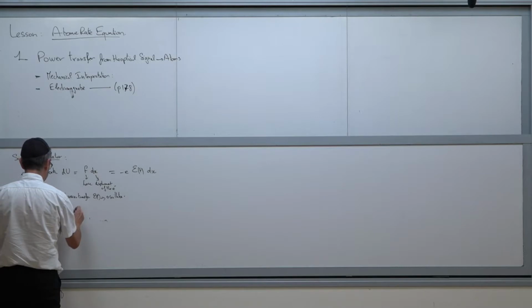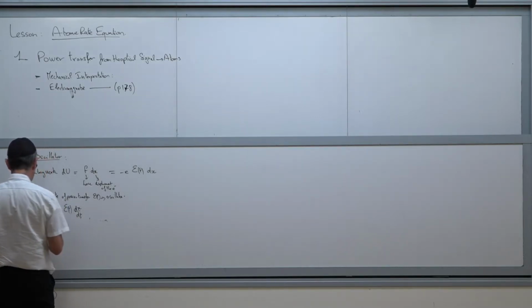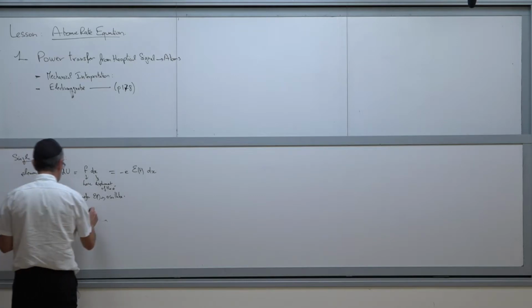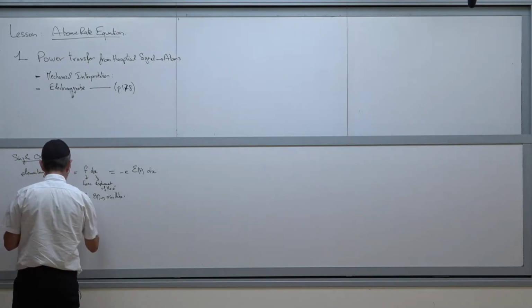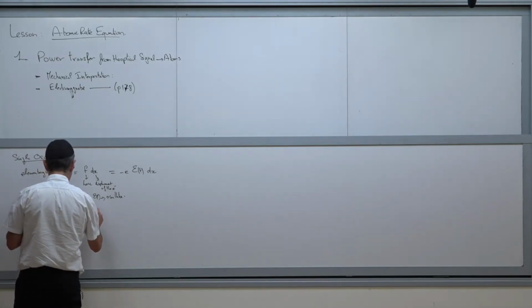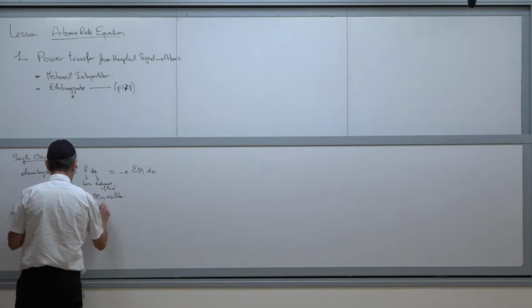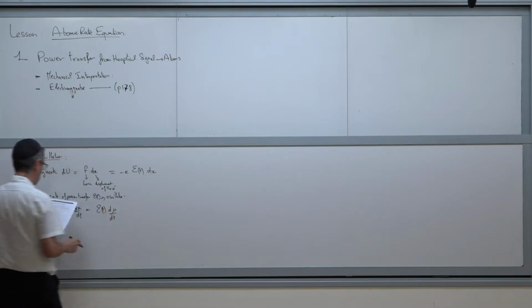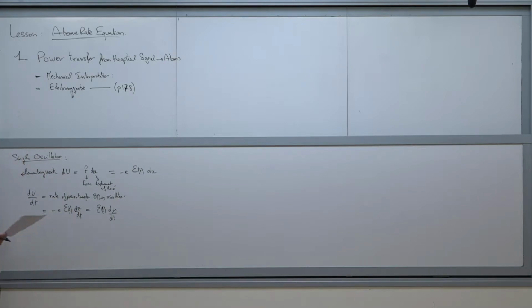This is simply the velocity, or you can write it in terms of the dipole moment, which gives you E of t times d mu over dt, where mu is the dipole moment. That's for one single oscillator.